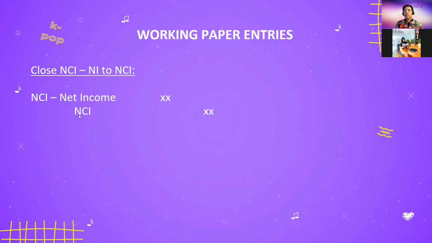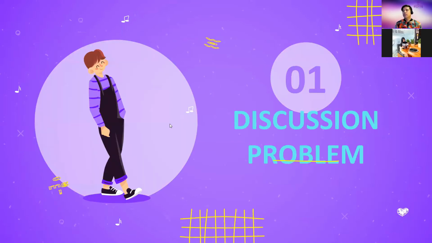Kasi nga, ultimately, yung net income attributable to the non-controlling interest will have to be in your equity. Kasi we are not keeping a separate retained earnings for NCI. So wala tayong ganon. So kaya pinapasok natin siya in whole dun sa non-controlling interest. Okay?